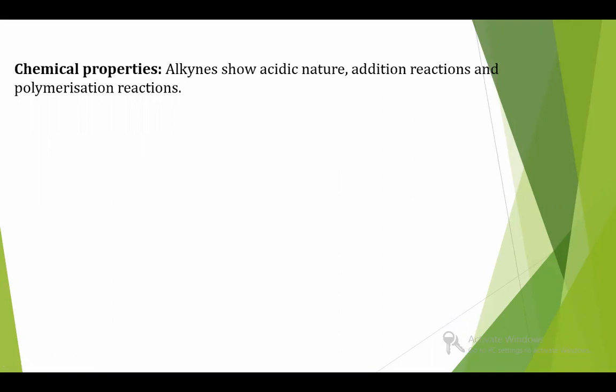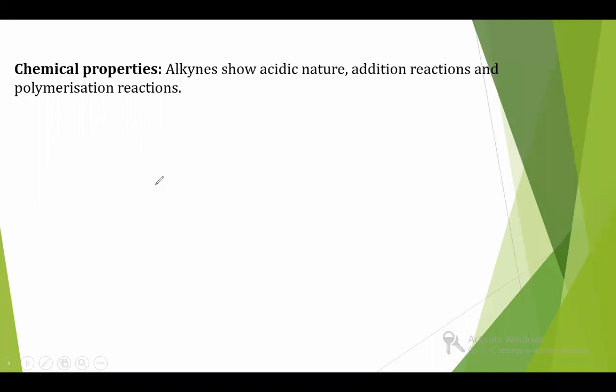In chemical properties, alkynes show acidic nature, addition reactions as well as polymerization reactions. Why do they show reactions? Because we have a triple bond. With a triple bond, the bond order is higher, the repulsive force is more, and reactivity is also more.